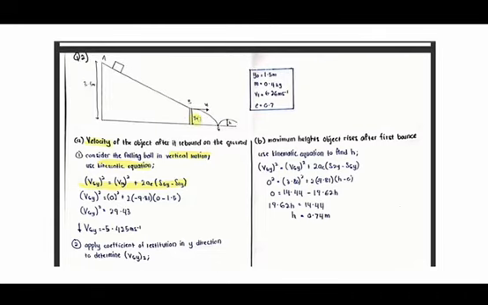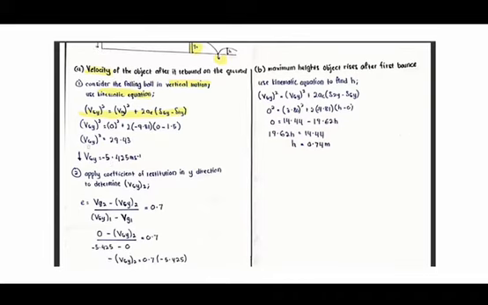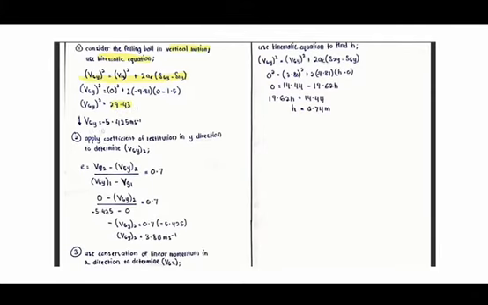So this is height for s1y and this is for sgy. We settle it down and we get vgy square equal to 29.43, and then we square root this value and get the final vgy equal to negative 5.425 meter per second, and the motion is downward.